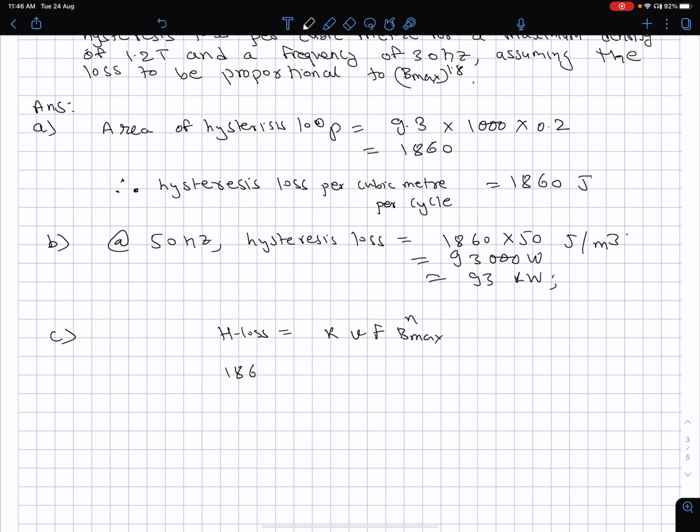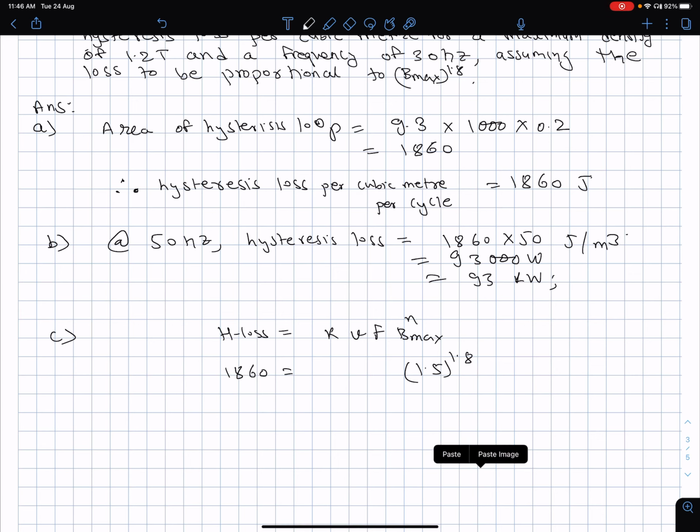Now at 1.5 and n equal to 1.8, we have calculated this as 93,000 at 50 hertz. Let's use that 93,000 at 50 hertz with 1 cubic meter, then the K has to be calculated.